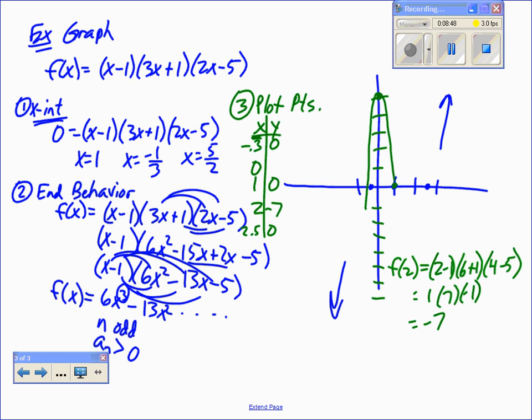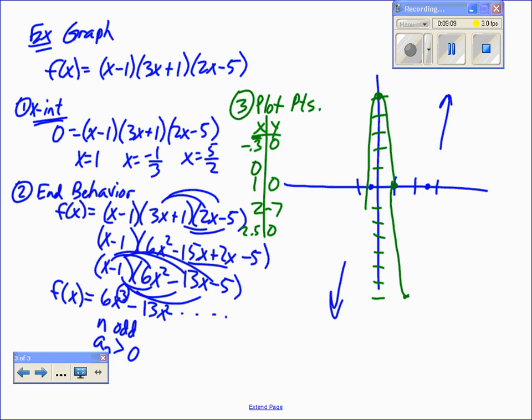So at 2, we got negative 7. 2, comma negative 7, right? And I gotta erase this to put my point on there. And of course, you could put some more points on there. Who knows if that's perfectly the minimum, but at least for algebra 2, we're kind of stuck at this point.